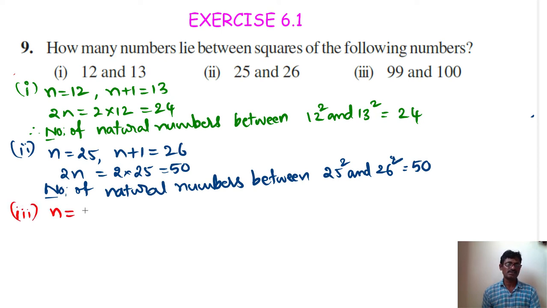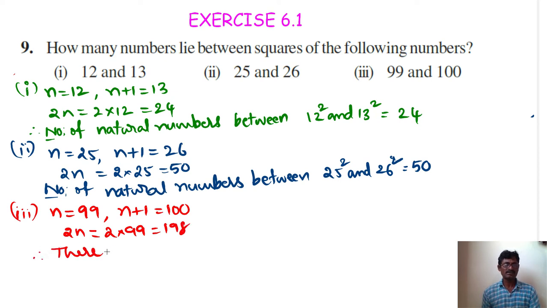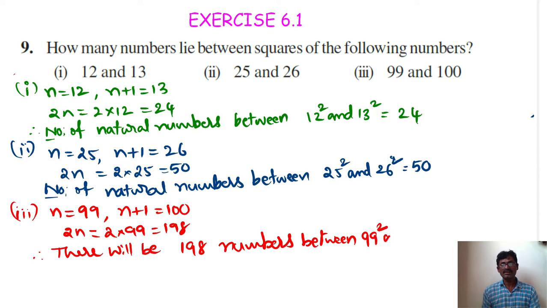Here let us take n equal to 99, so that n plus 1 equals 100. So from this we get 2n equal to 2 into 99, which is 198. So therefore there will be 198 numbers between 99 square and 100 square.